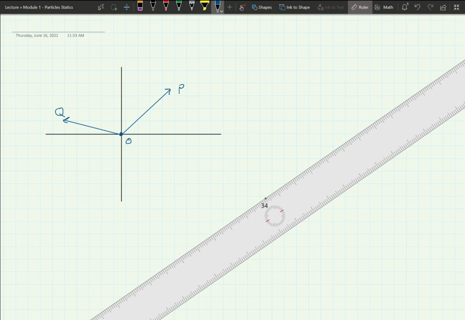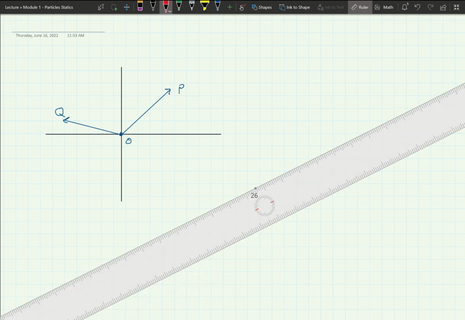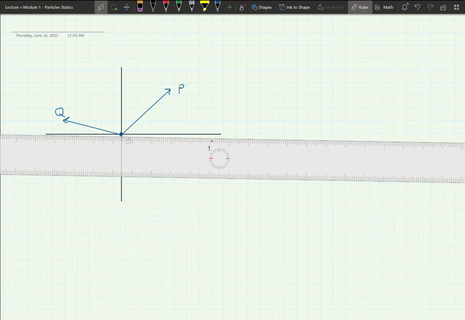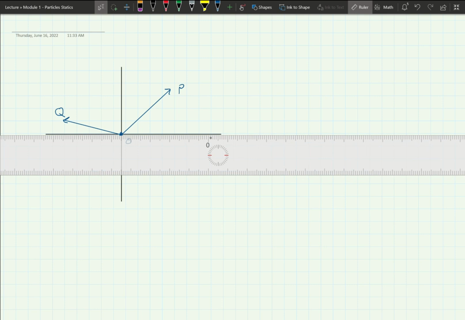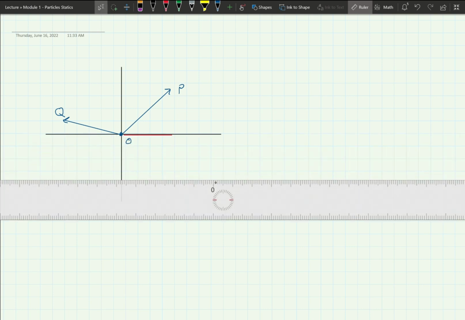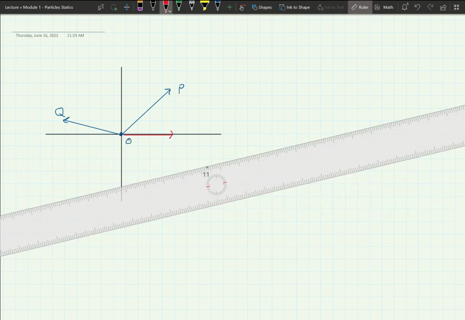And what we're going to be looking for is these. I'm going to draw them in red and label them, and then I'm going to show you the general theory behind it, and then we'll do a real problem with some numbers so you can see it.